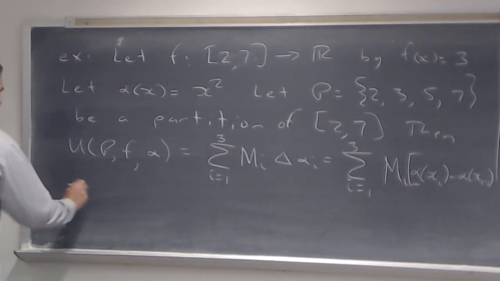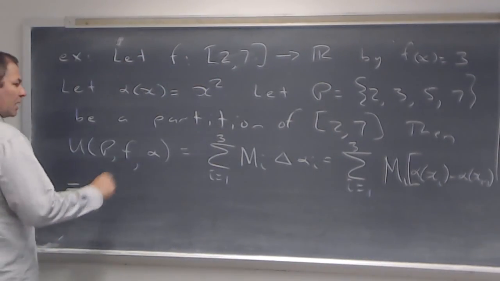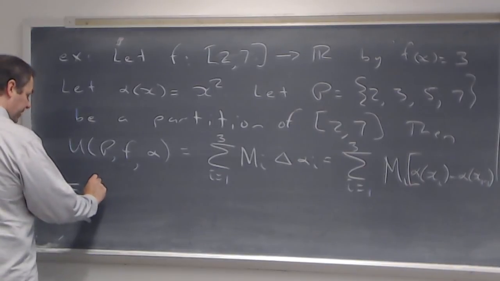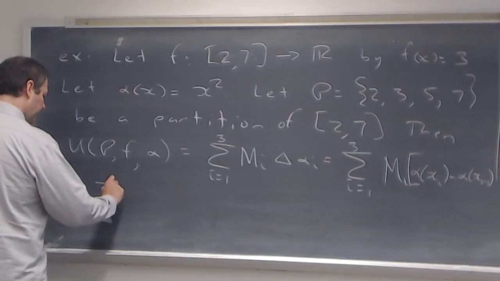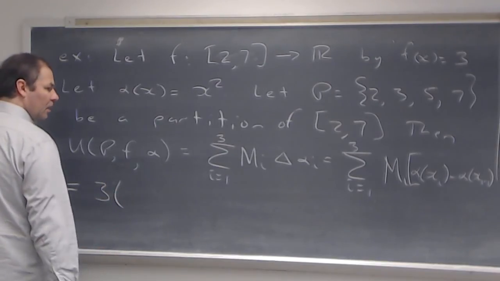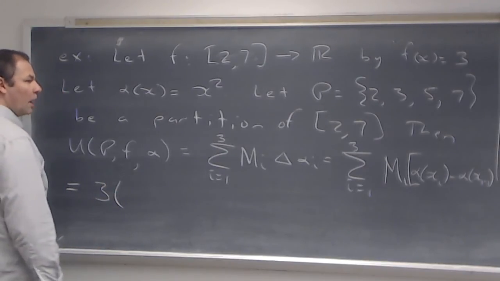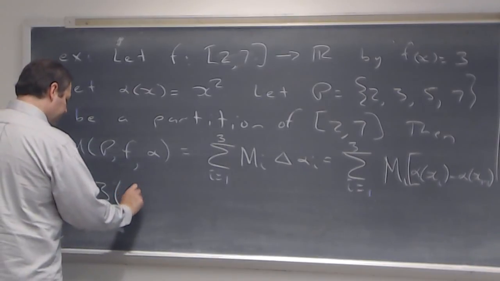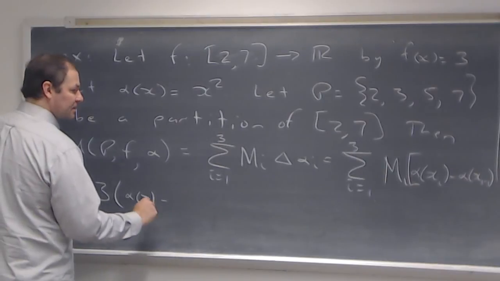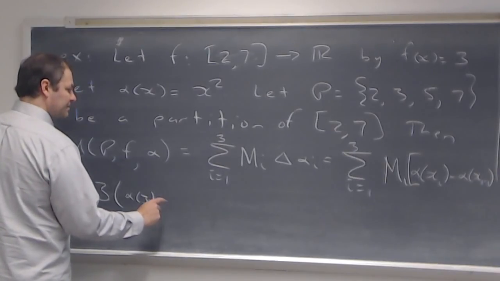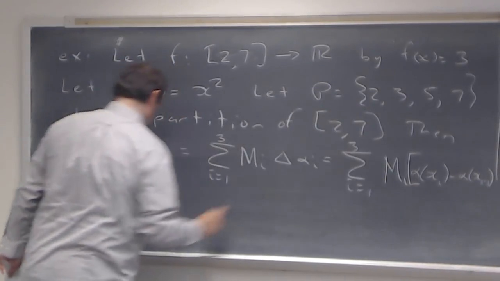For this particular example, this is going to be equal to, well, the big M is always 3. This is a constant function. And then it would be times alpha of x sub 1, that would be alpha of 3, minus alpha of x sub 1 minus 1, which is alpha of x sub 0. x sub 0 is 2.